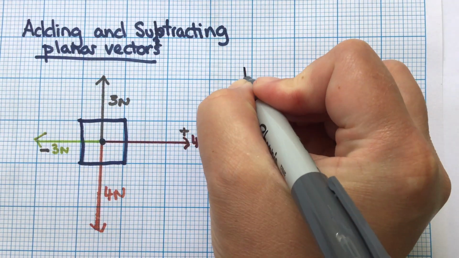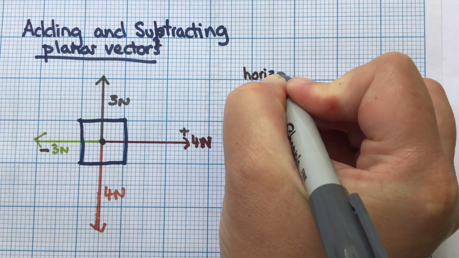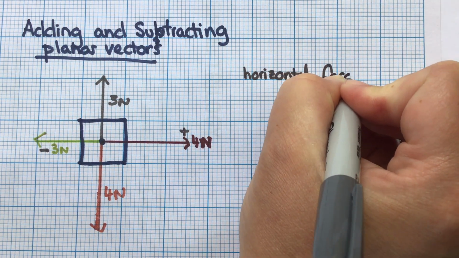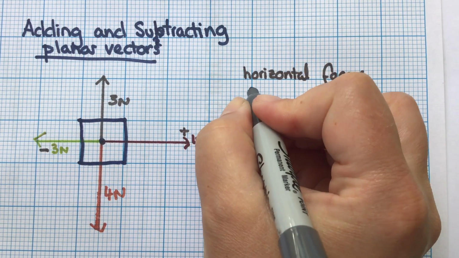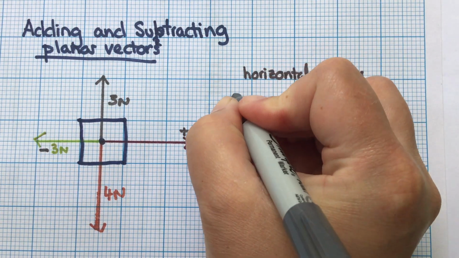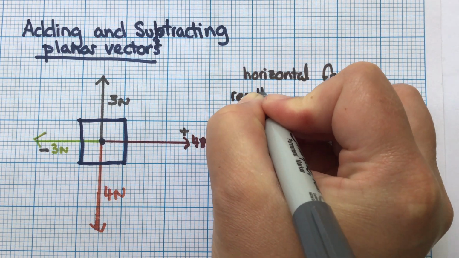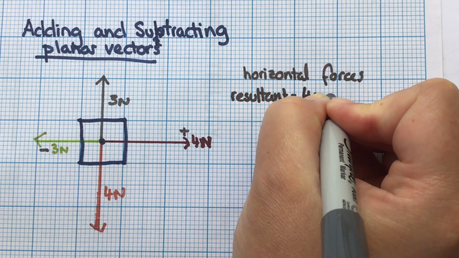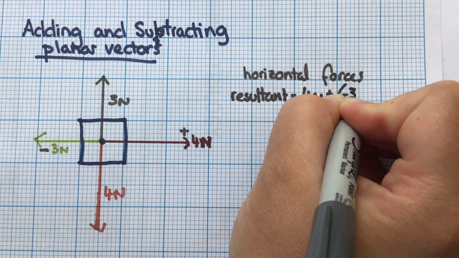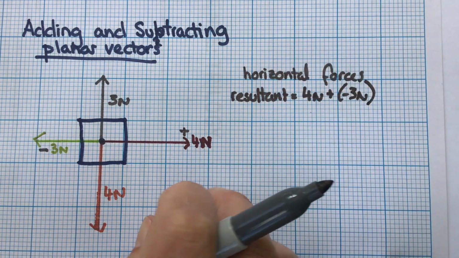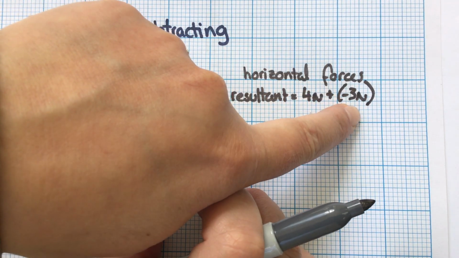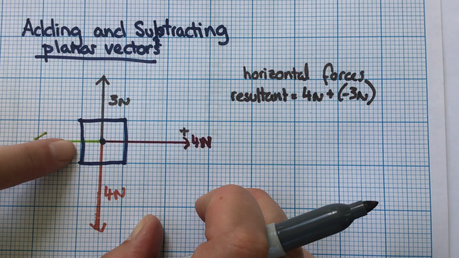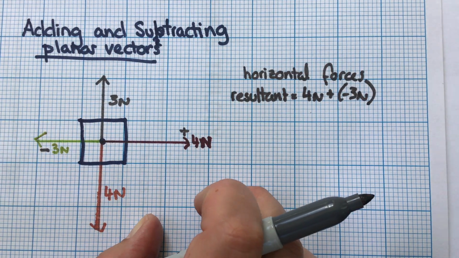So if I'm looking at the horizontal forces, my resultant is going to be equal to 4 newtons plus minus 3 newtons. I've added this force to this force to find the overall force, but this force is acting to the left, so it is negative.